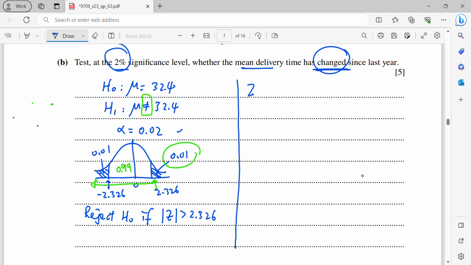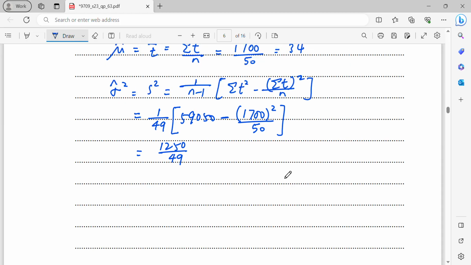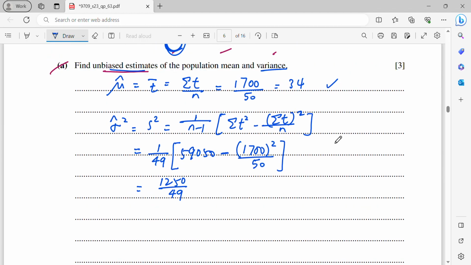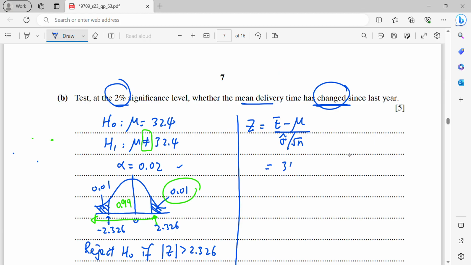So my z value is going to be x bar minus mu over sigma hat over square root n. The x bar we have counted just now, x bar equals 34.